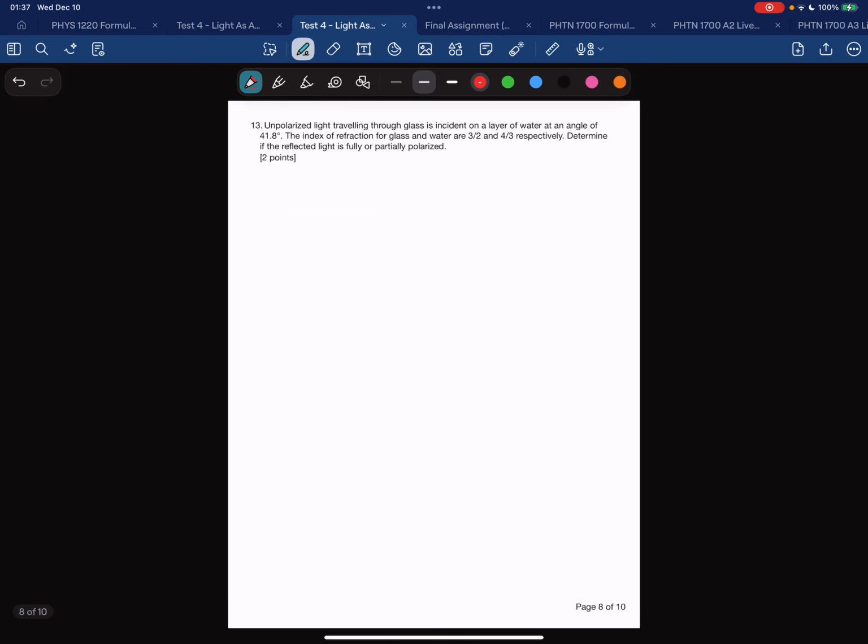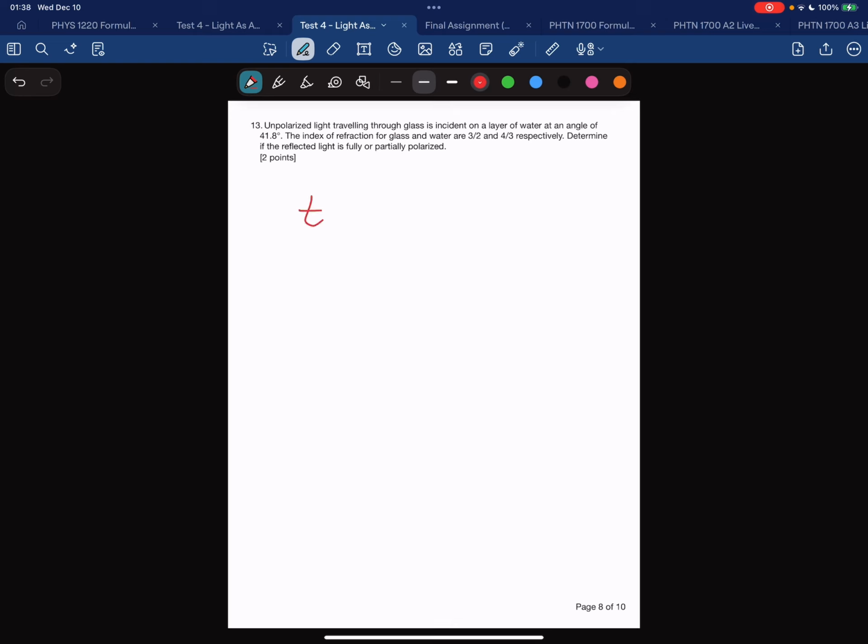Moving on to the final question of the assignment, Brewster's angle here, or the polarization angle. So unpolarized light traveling through glass is incident on a layer of water at an angle of 41.8 degrees. The index of refraction for glass and water are 3/2 and 4/3 respectively. Determine if the reflected light is fully or partially polarized.